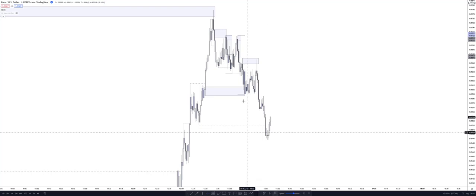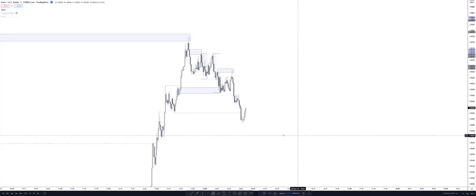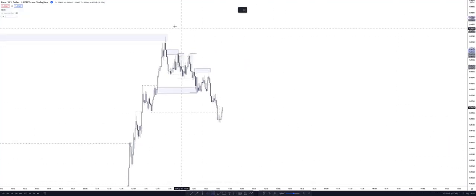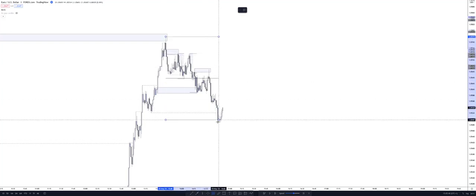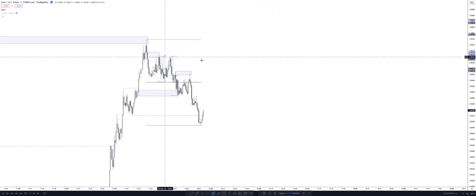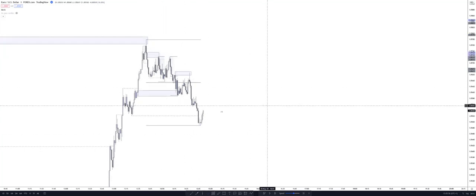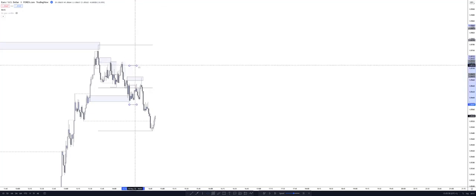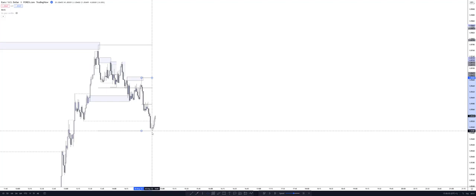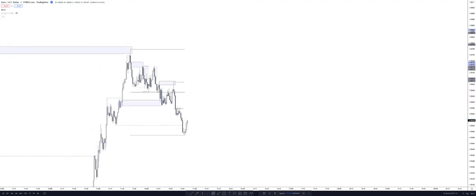Now we've had our break of structure, so that means that overall this was our 1 minute actual major leg, and our last unmitigated substructural leg was this one.